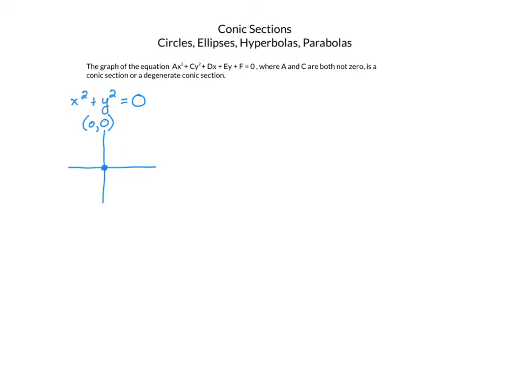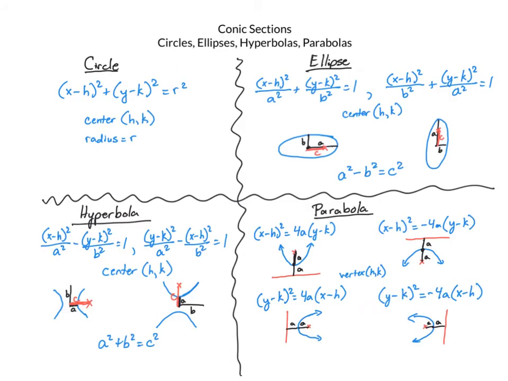So we would say this is a degenerate conic rather than one of our 4 major conic sections. And there are other examples, but the purpose of this video is not to describe those other degenerate cases. They're entertaining, but I want to focus on circles, ellipses, hyperbolas, and parabolas. Before we do a few practice problems, I wanted to give you a summary of our standard forms for our conic sections.